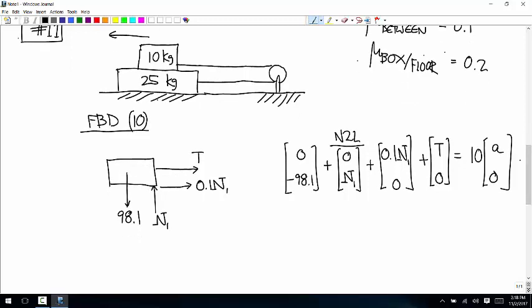And we'll do what we do in every friction problem. We use the y equation to solve for the normal force. So negative 98.1 plus N1 is equal to 0, or N1 is equal to positive 98.1.